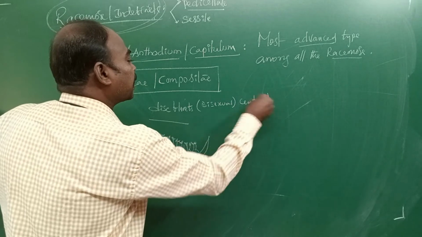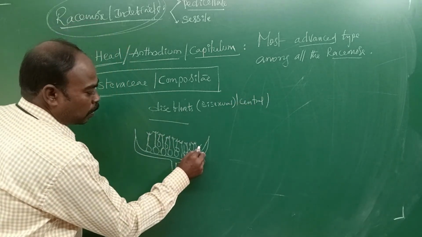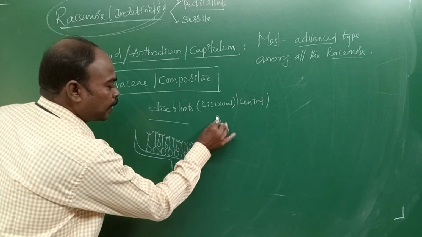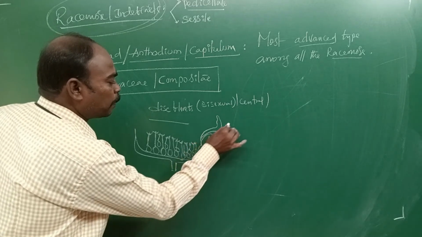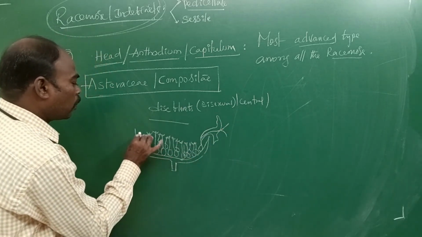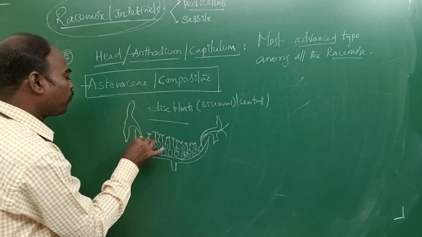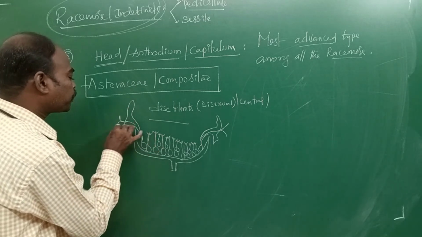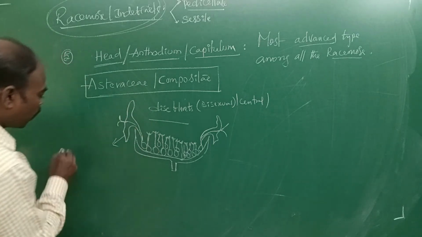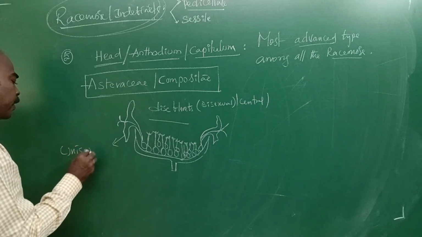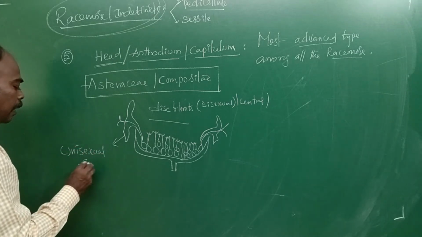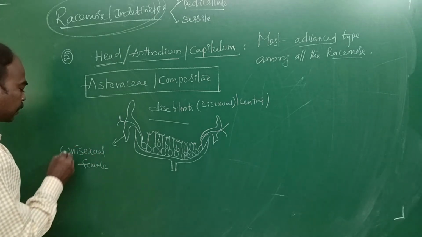At the periphery, the ray florets are developed, which are unisexual female flowers.